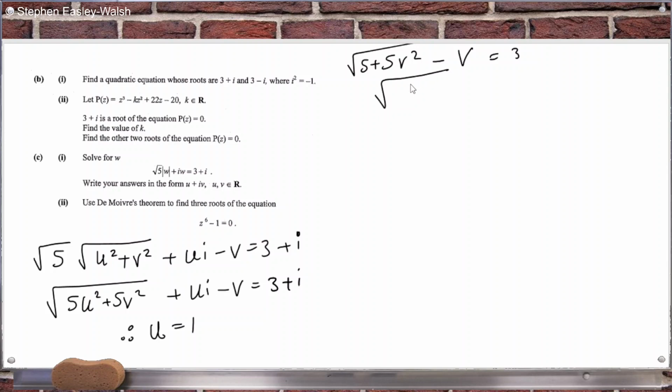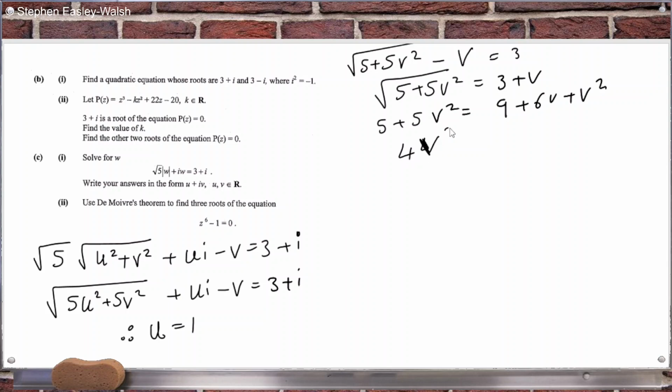So that means root 5 plus 5v squared has to equal 3 plus v. So if I square both sides, 5 plus 5v squared has to equal 9 plus 6v plus v squared. So that means 4v squared minus 6v minus 4 has to equal 0. 2v squared minus 3v minus 2 has to equal 0.